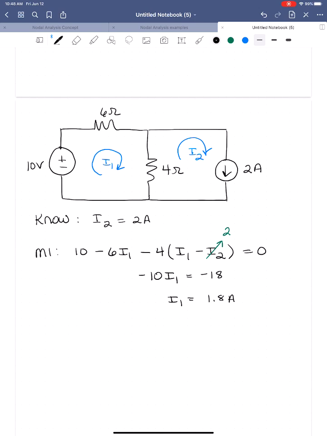So we know I1 and we know I2. I2 we knew just by looking at the circuit after we labeled the mesh currents, and I1 we solved for using the mesh 1 equation.